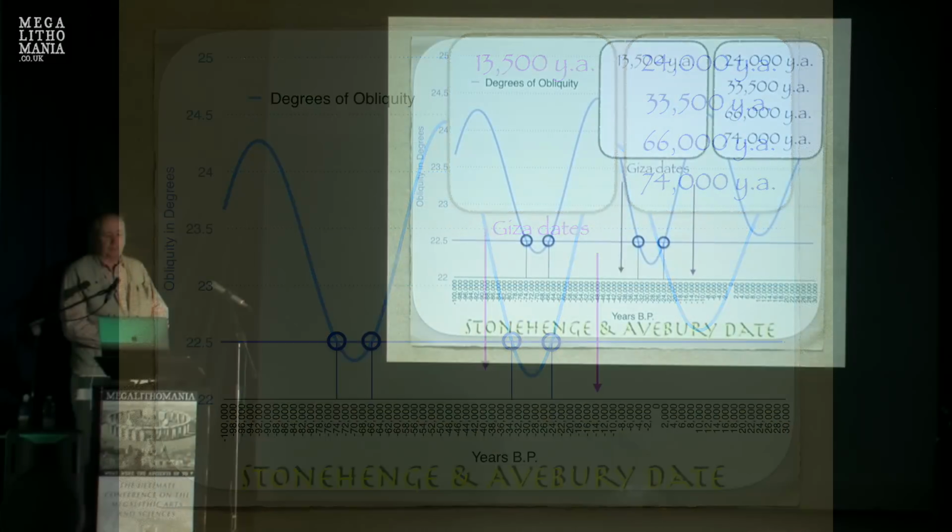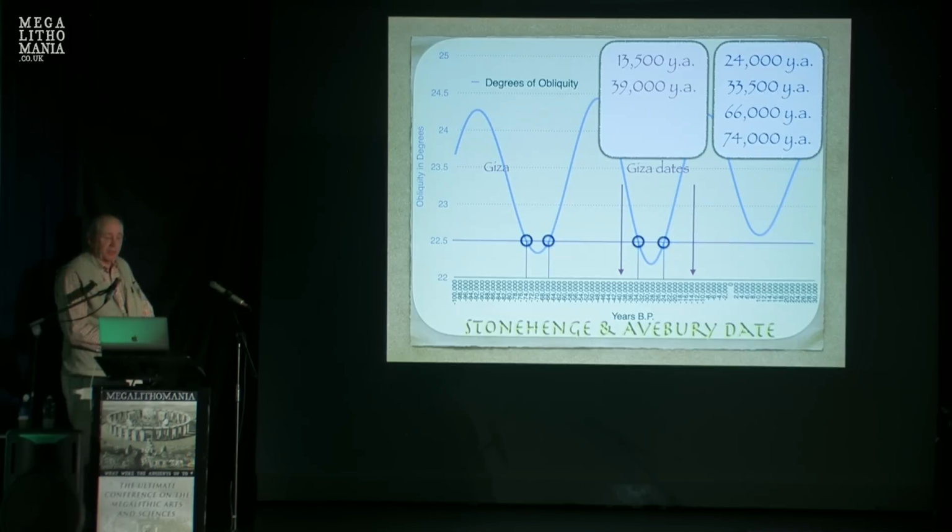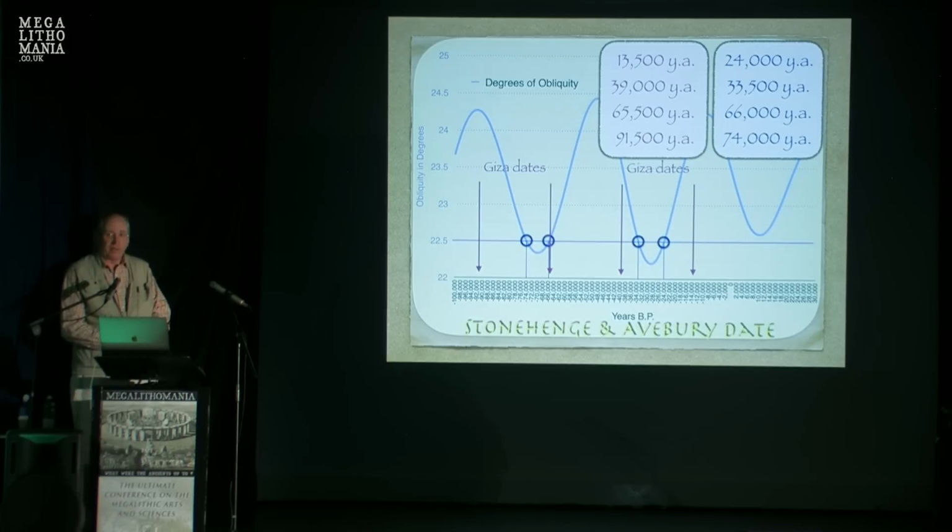And they are 39,000 years ago, 66,000 years ago, and if you really want to go out on a limb, 91,000 years ago. And we do have a correlation. Not perhaps one that you or I expected, but we do have a correlation just here.